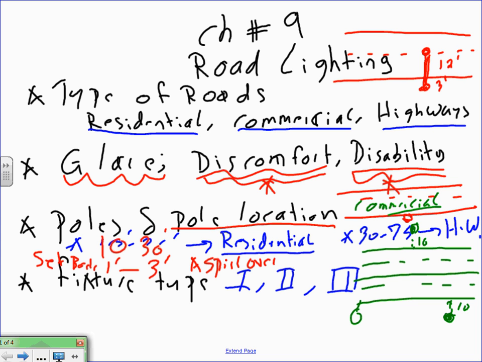Why? Because if you're doing highways, there are certain things you have to pay attention to. Glare is one of them. If you're doing streets, another major thing is light pollution. If someone is sleeping in Bloomington, I don't want you to put the light right through their bedroom, so people get mad. A lot of cities, especially Bloomington, have restrictions on the amount of light you can spill on people's properties, especially residential.